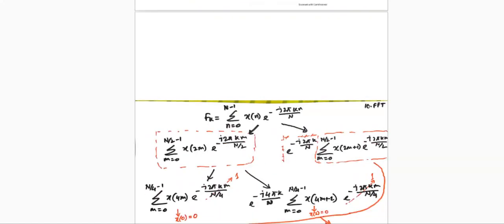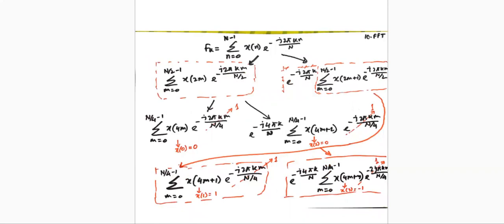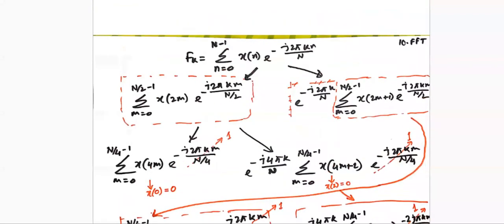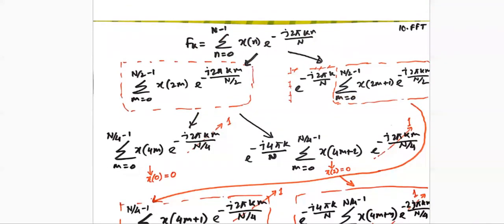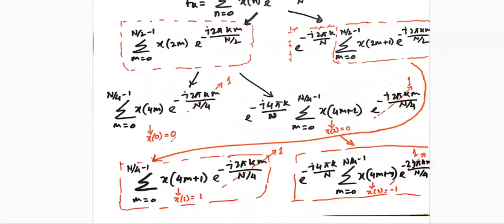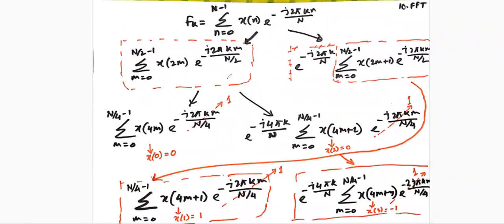For this section, what we try to do here looks a little bit messy, but this is the way we can discuss things. So this is the fundamental equation of the DFT. From there, you can now understand this is the even part, and this part is from the odd. And again, we divide this even function into two other sections.